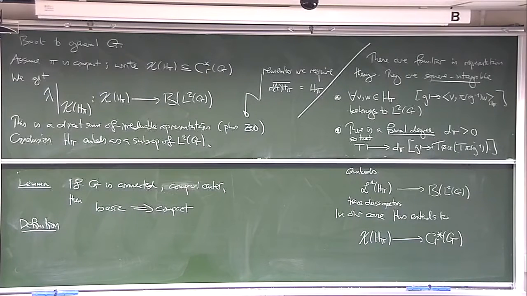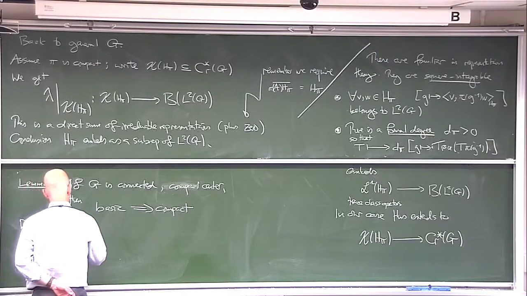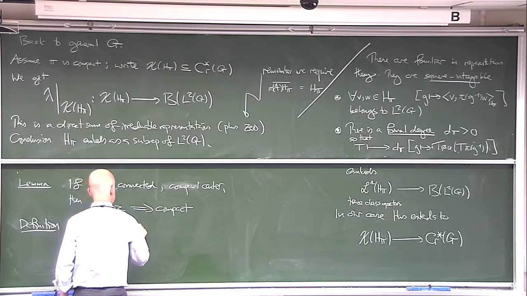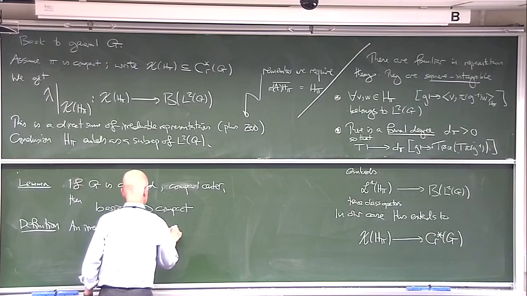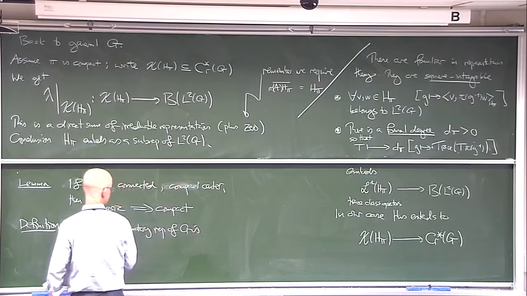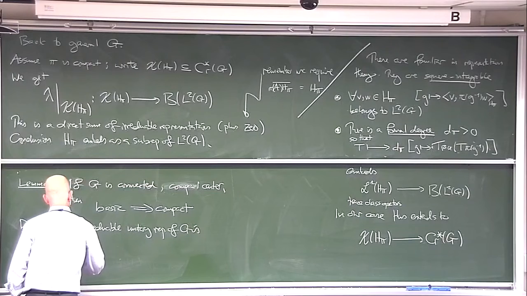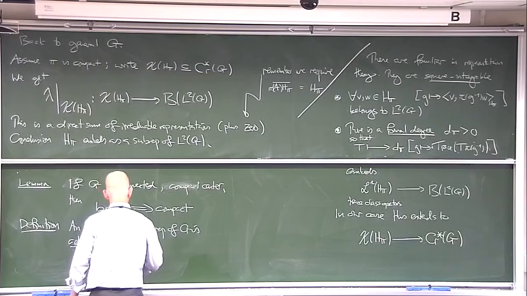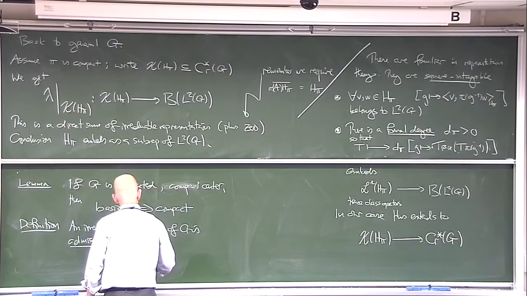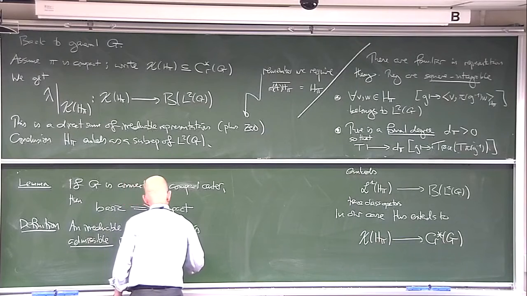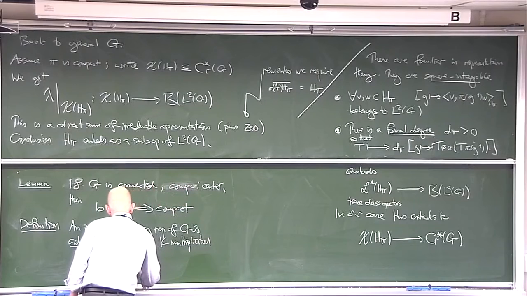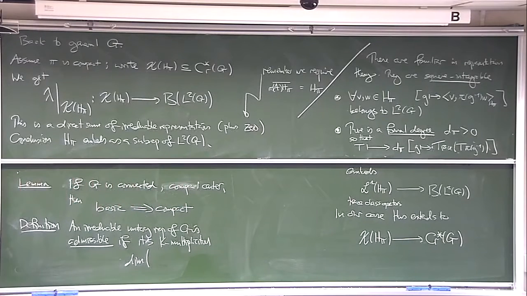There's a little definition that I forgot to give, so I'll give it now. An irreducible unitary representation of G is said to be admissible if the following thing is true. If it has finite K multiplicities. So we talked about these a little bit before lunch.